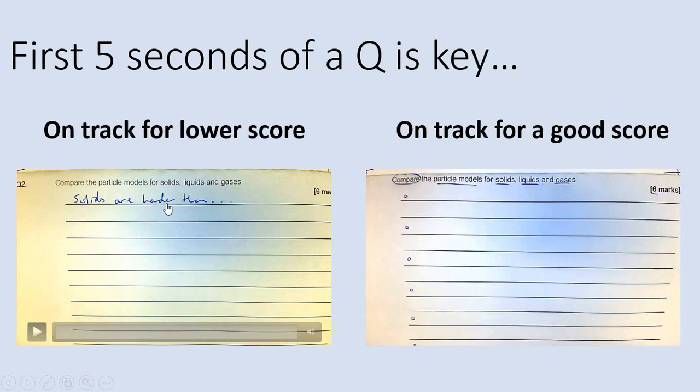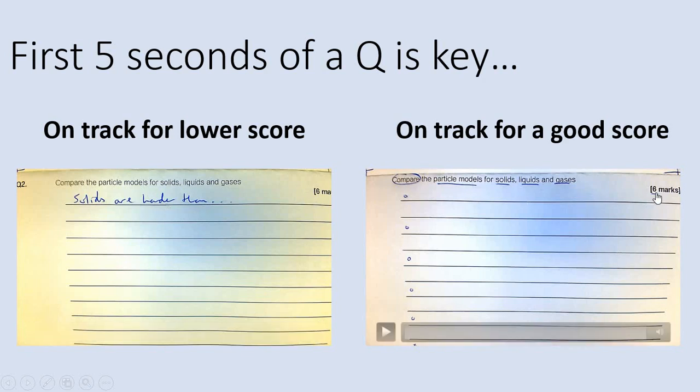That's nothing to do with the particle model at all. And they've identified 6 marks. So circle, underline. They've then written their bullets in before they've started trying to answer anything at all. The reason this is useful is just the process of writing the 6 bullets gives your brain time to think, okay, I need 6 different things.